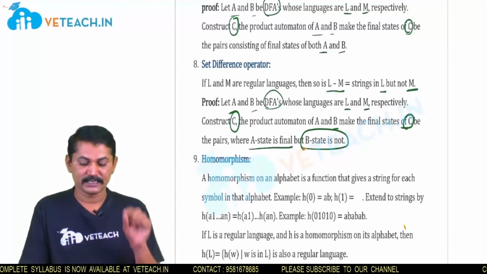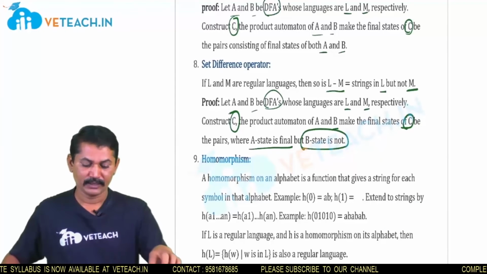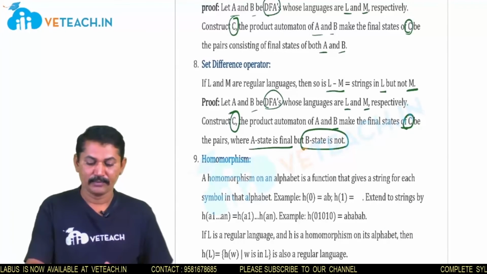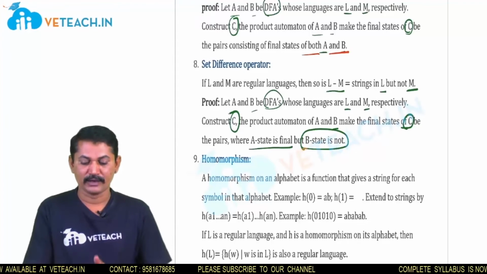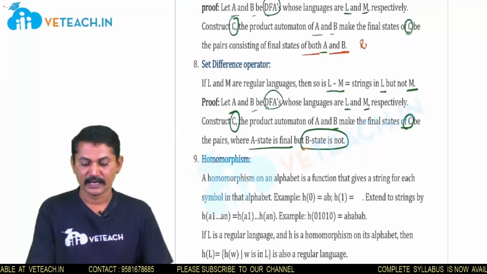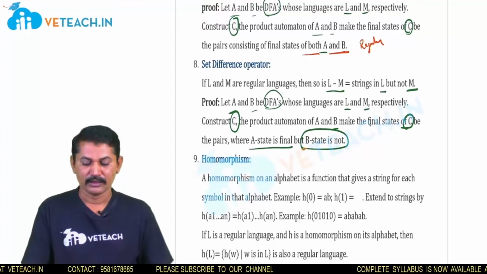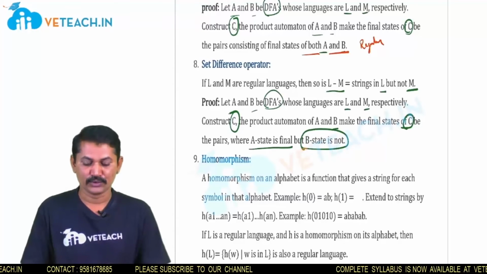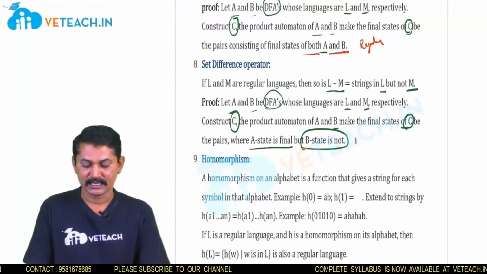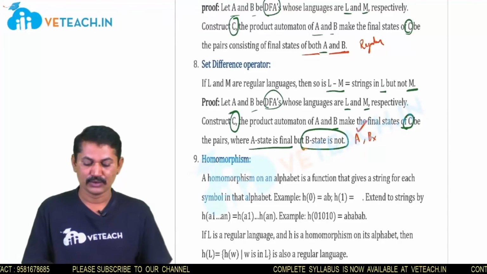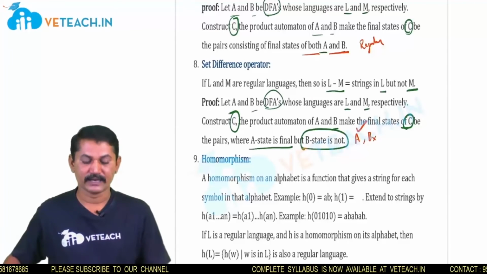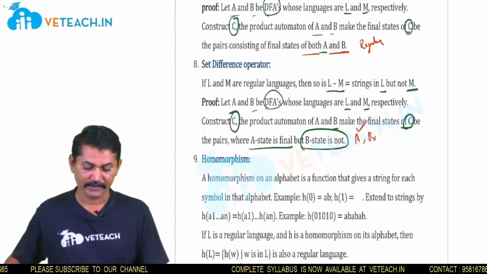When we consider the same concept in the intersection, both the final states of A and B are common, then we can say that they are under regular. Here, under the difference rule, only the final state of A is considered, not the final state of B. So we can say that it is the difference operator on both the languages.